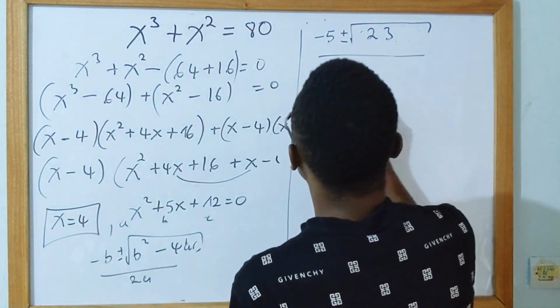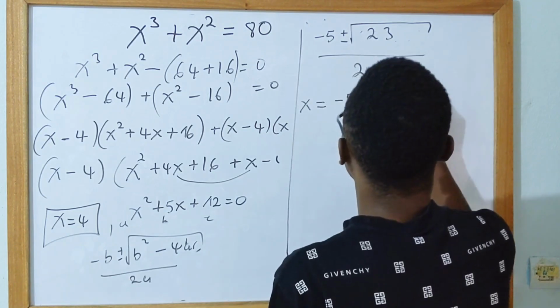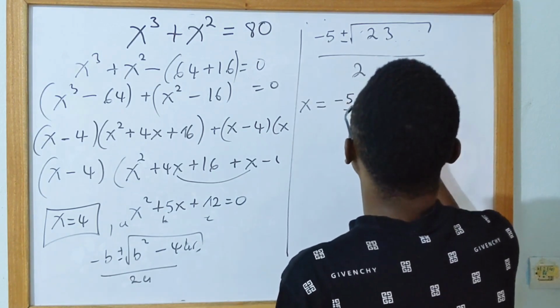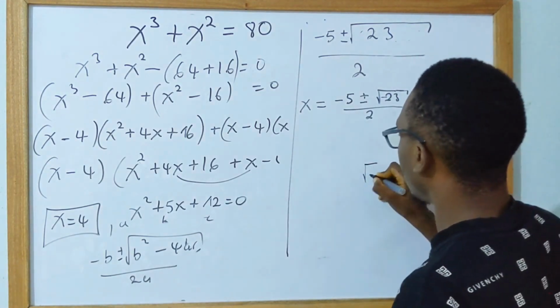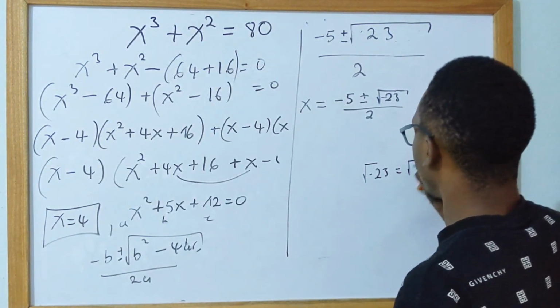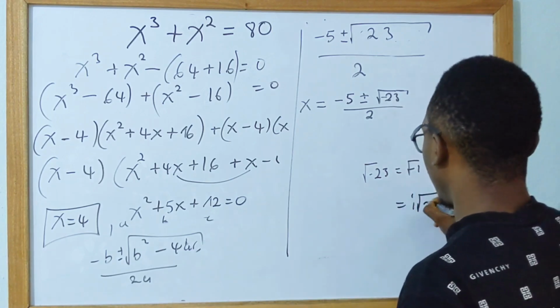Hence, our x is equal to negative 5 plus or minus the square root of negative 23, all over 2. We know that the square root of negative 23 is equal to the square root of negative 1 times the square root of 23, which equals i root 23.